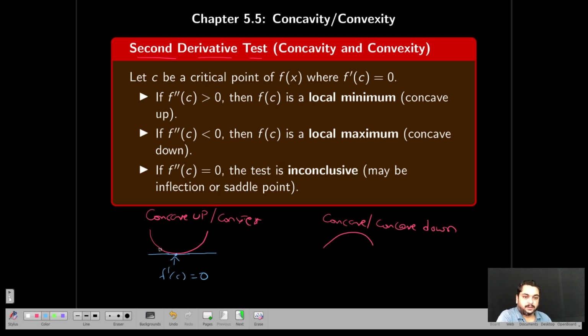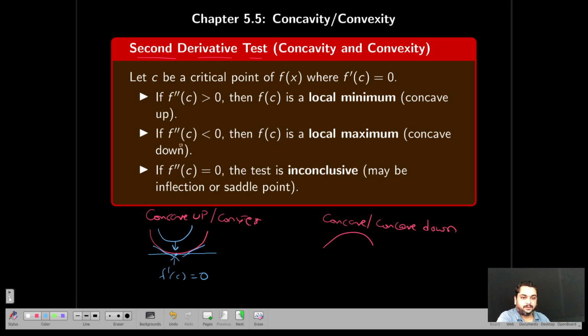What exactly does it mean? The second derivative tells you whether the curve is increasing or decreasing. Draw a tangent at this point, this indicates the curve is increasing on both sides. That means this is the lowest point, the local minima. It is concave up, forming like this.